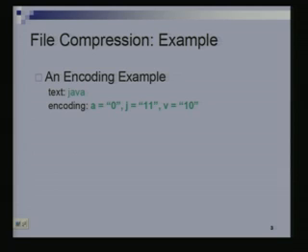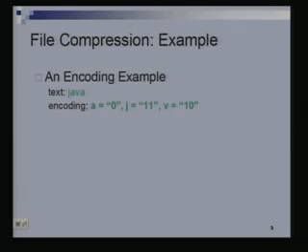Java is one example of such a string, and suppose I were doing fixed length encoding. How many bits should I associate with each of these? I will need at least 2, I cannot do with just 1, because there are 3 different characters and only 2 possible values if I choose 1 bit. So, I need at least 2 bits, and then to represent Java I need 2 times 4, 8, as straightforward as that.